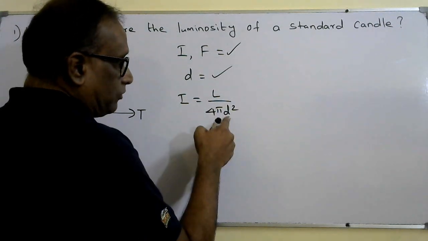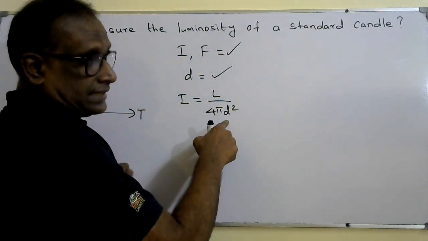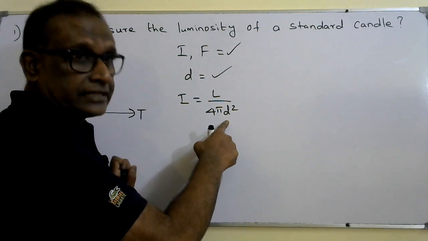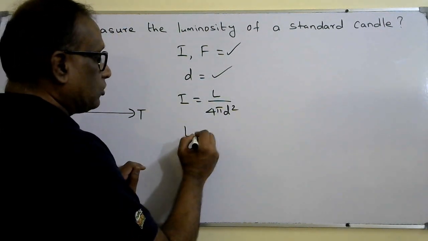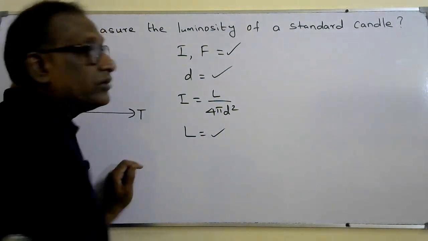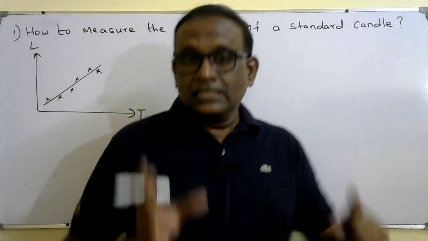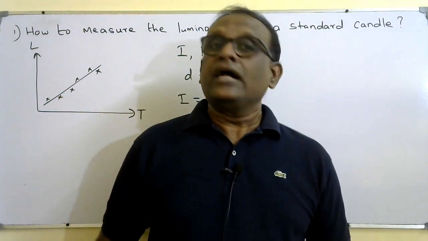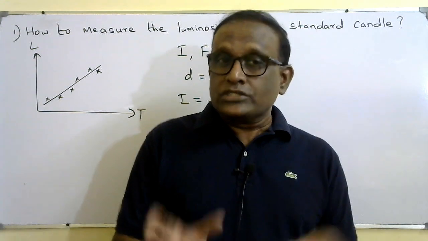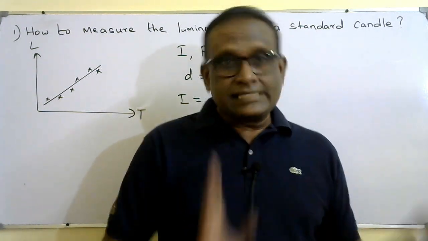We know the intensity, we measured it. We know the distance, measured by the trigonometric parallax method. So we can calculate the luminosity of nearby standard candles, that is, nearby Cepheid variables.